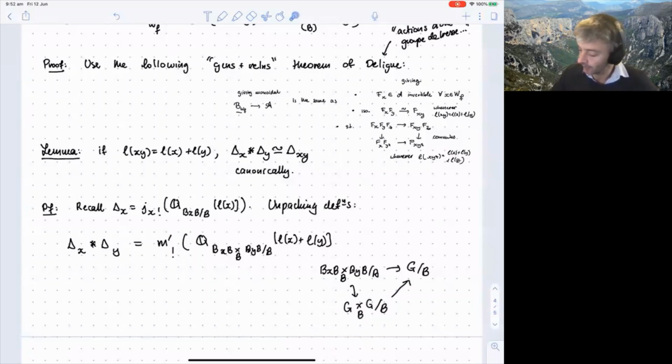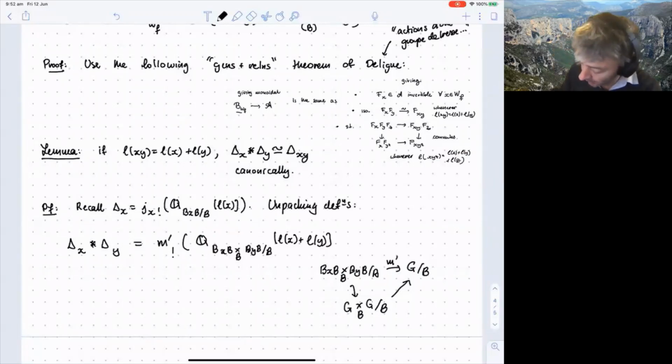And what I'm saying is that this object here, when we unpack the definition of convolution, becomes the shriek extension of the constant sheaf here under this map, and then we push it forward. But we could just push it forward via shriek along this map. This is M. Right.